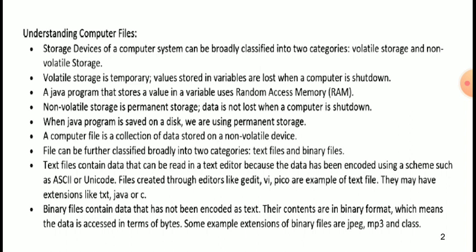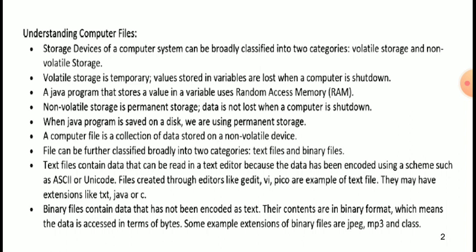Files created through editors like gedit, vi, pico are examples of text files. They may have extensions like .txt, .java or .c. So that is a text file editor and that is an extension of a text file.